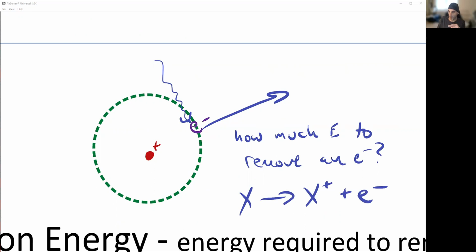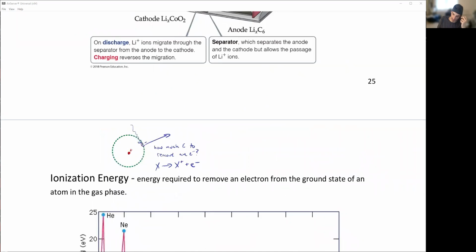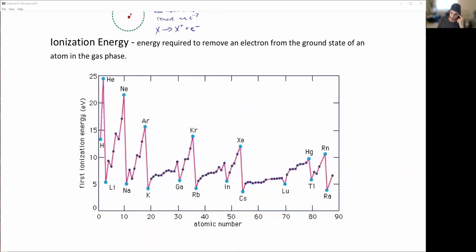So how much energy do I have to put in to create a cation? That is ultimately what ionization energy is. How much energy to create an ion? And this is what we have. What we notice in terms of trend on the periodic table is that the noble gases have a very high ionization energy and the group ones have a very low ionization energy.